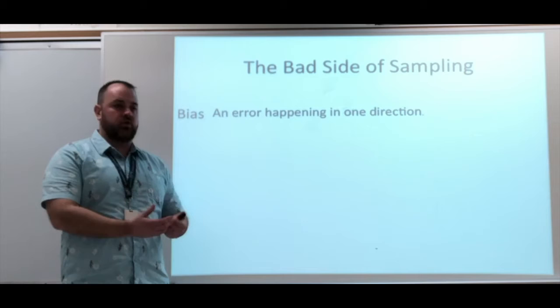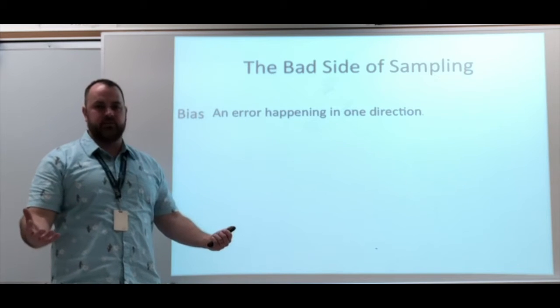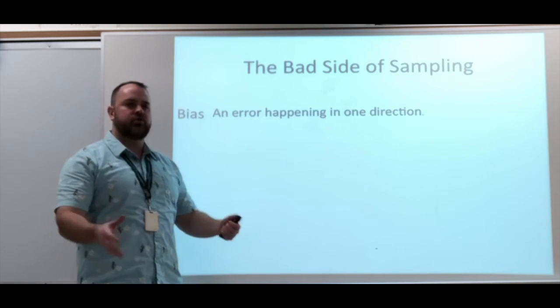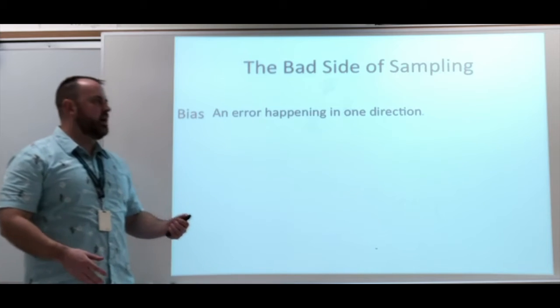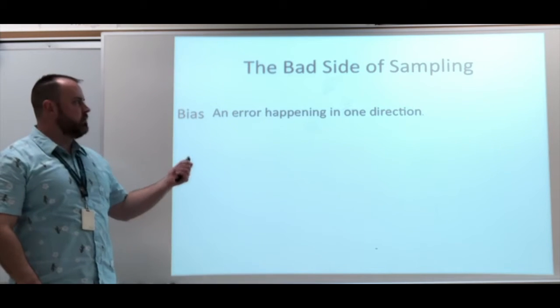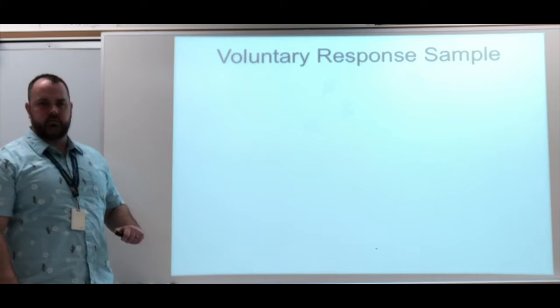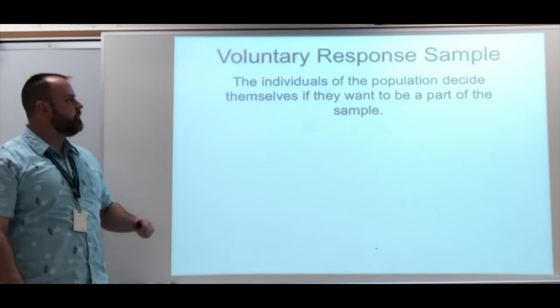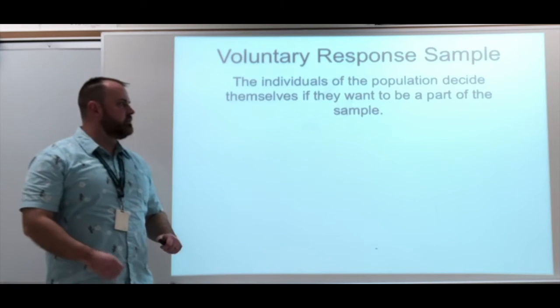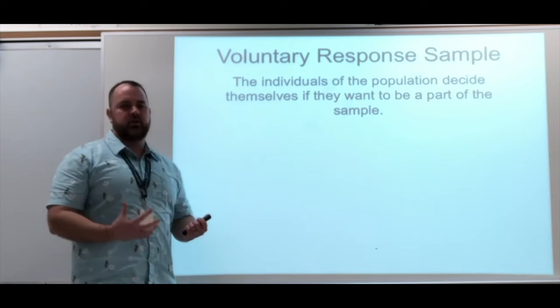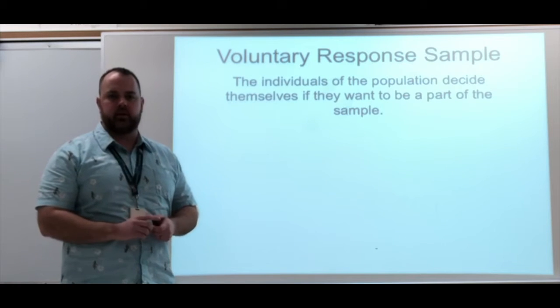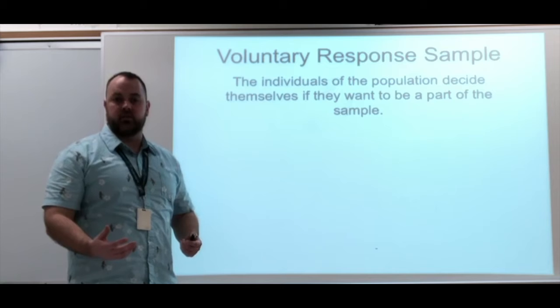I think we'd all agree freshmen and seniors, there's a little bit of a difference there. So you need to make sure it's representative of the population. Now, some sampling methods that we talked about can go bad: voluntary response sampling. The individuals of the population decide themselves that they want to be part of the sample. Usually these are people that feel very strongly about the question at hand or what the study is looking at.